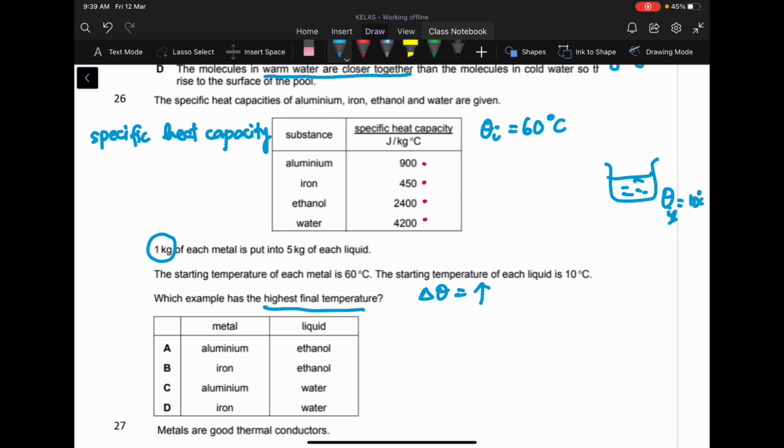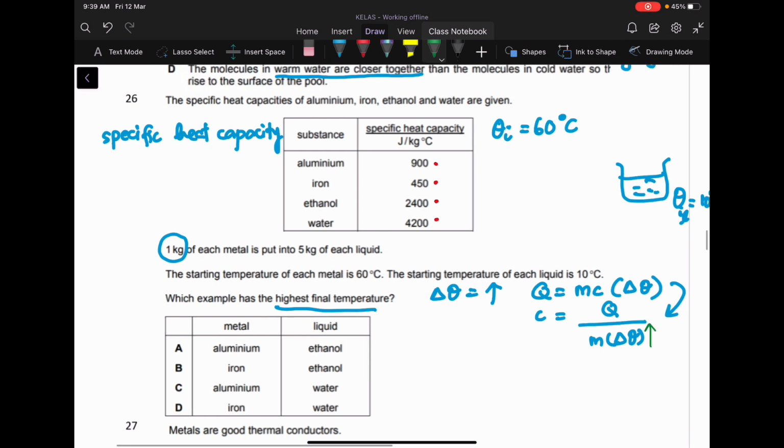If there is a high temperature change, and if you remember this equation, then for specific heat capacity the equation is Q over M change of theta. I'm just rearranging the formula. So when we have the highest final temperature, that means we have low specific heat capacity.